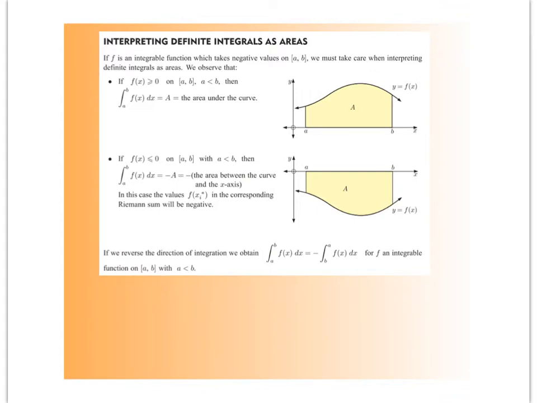Okay, so as we talked about earlier, the area under the curve from a to b, labeled as capital A, is the integral from a to b of f of x dx. That is if f of x is always greater than or equal to 0.